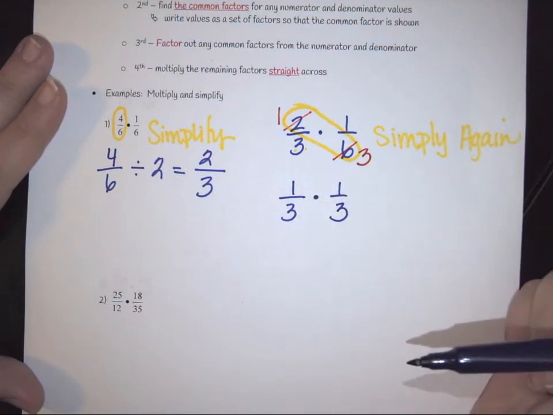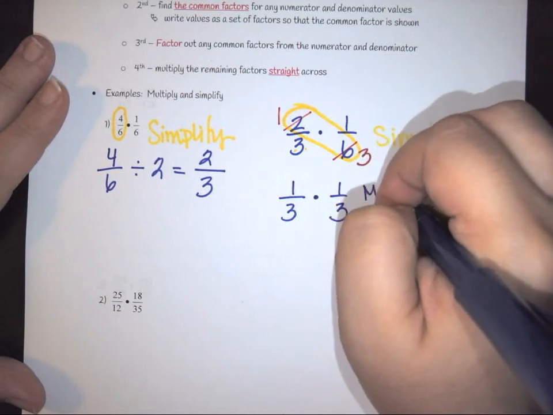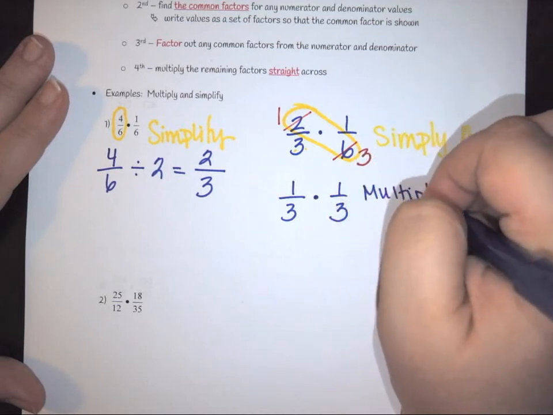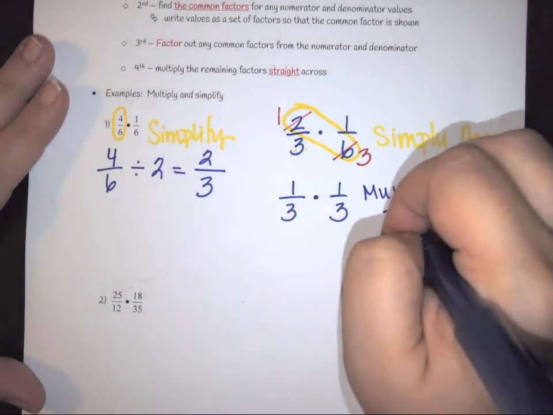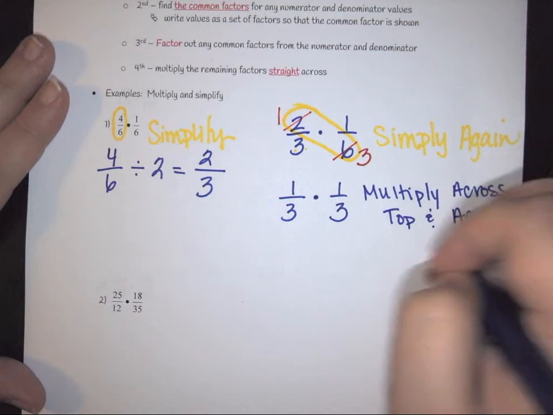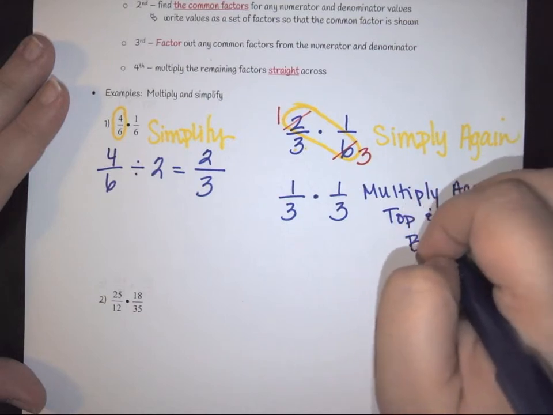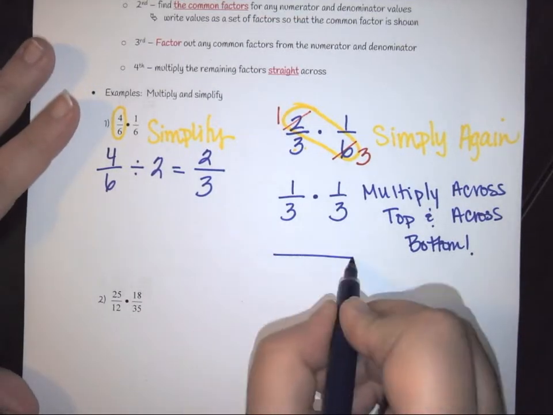Now that both of them are reduced, you are going to multiply across the top and across the bottom. So in other words, my new fraction is going to be a single fraction.